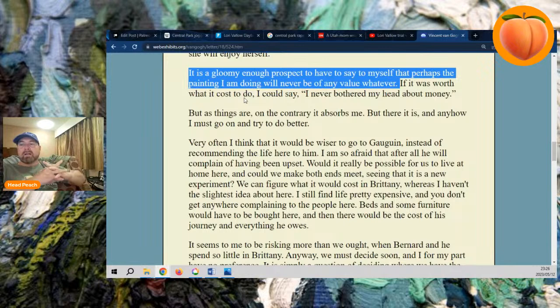Something like that. But anyway, I'm just saying it's the same thing where you say, I'm working quite hard. I'm putting in quite a lot of effort. I don't really want to compare my effort to his because his was all encompassing. But you do ask yourself, is it going to have some value?